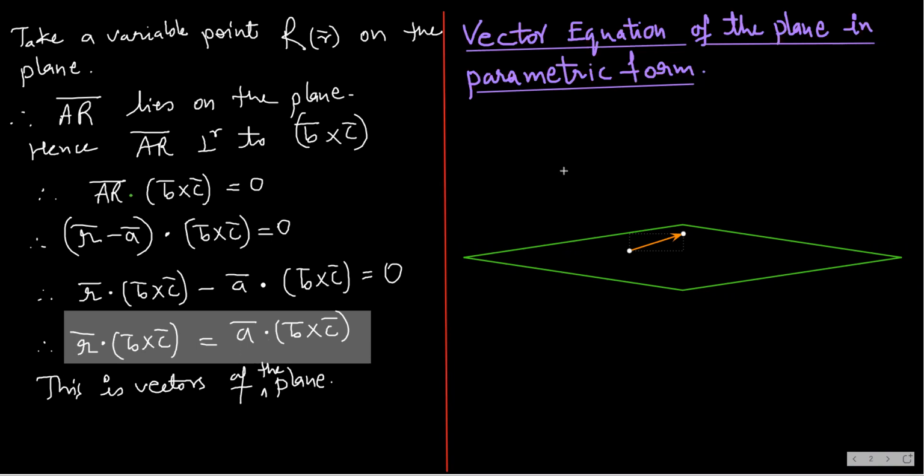So suppose we have three vectors, which I name as p bar, q bar and r bar.